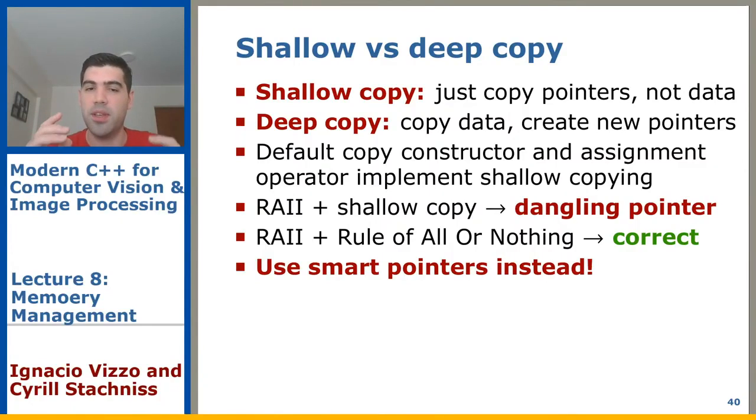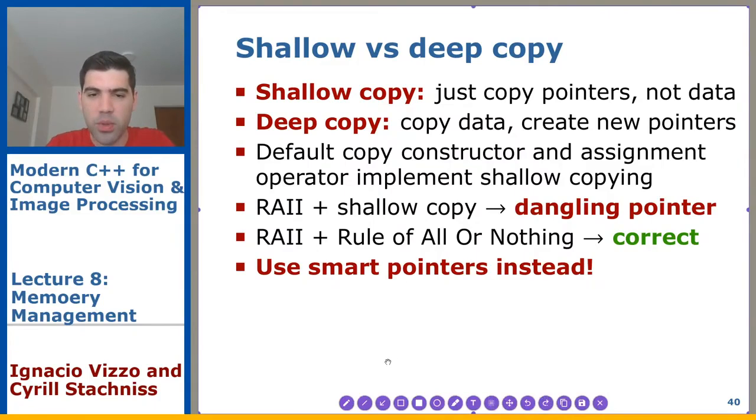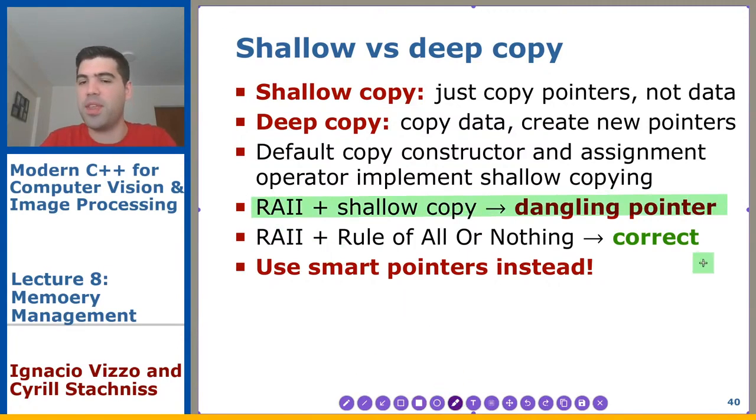What you should do instead is a deep copy, which basically means copying all the data that this object is pointing to. And how to do this? If you do resource allocation, memory and so on, you will end up with a dangling pointer, because you're pointing to memory that is already freed.